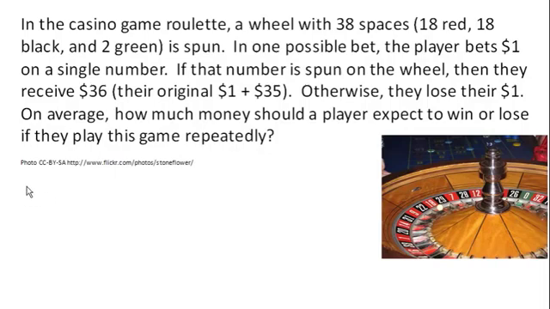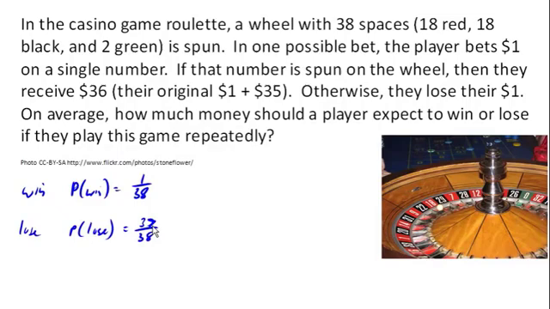So let's first talk about the probability of winning. If they bet on any one number, their probability of winning is 1 out of 38. The probability of losing is the complement of that, so there are 37 ways that a player can lose.